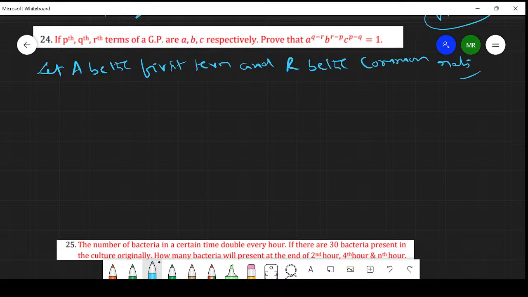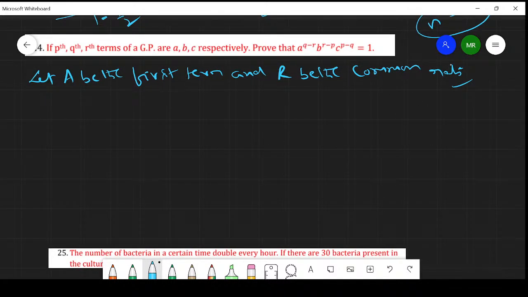You can consider capital A as the first term and capital R as the common ratio.